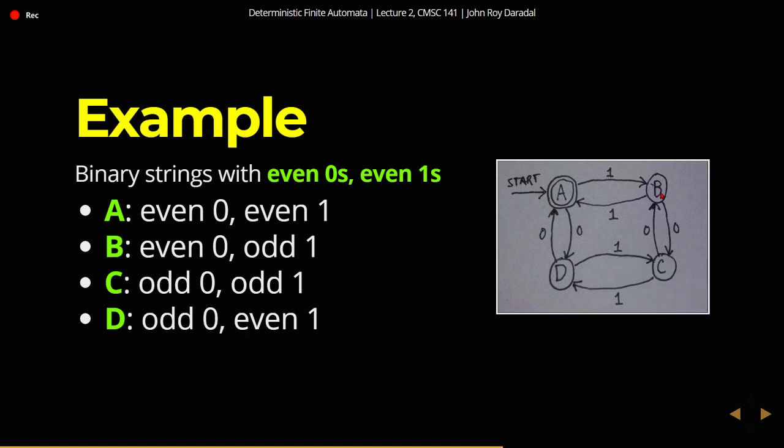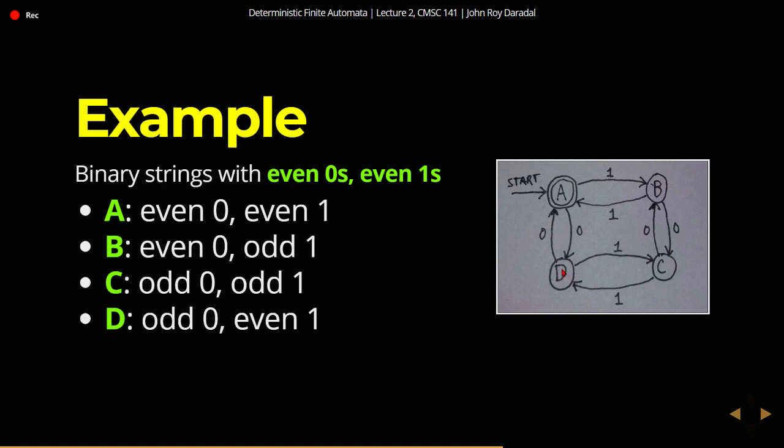Now from B, if you see another 1, then it goes from odd back to even, right? So if you see 1, 1, that would be 2 ones, so it will go back to A, or even number of ones. Same with D.